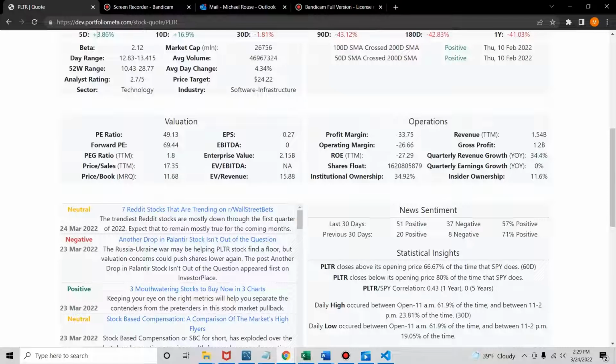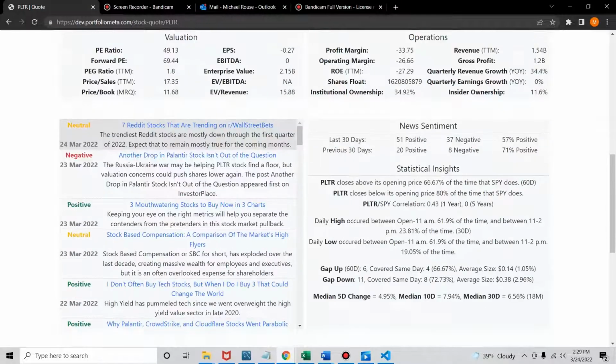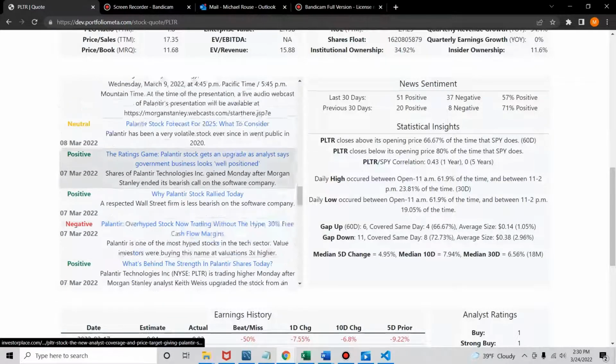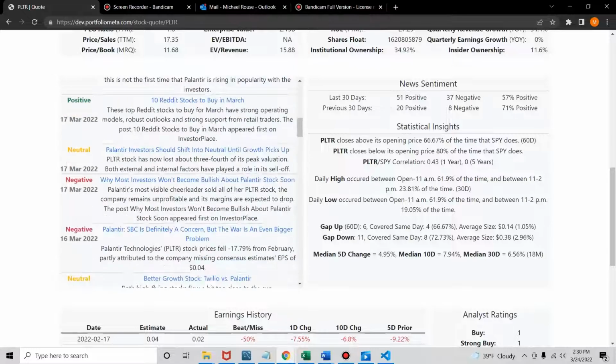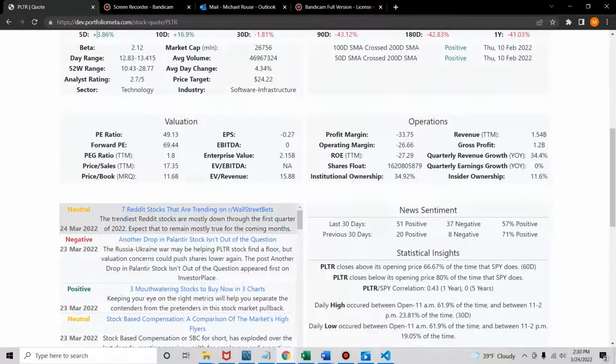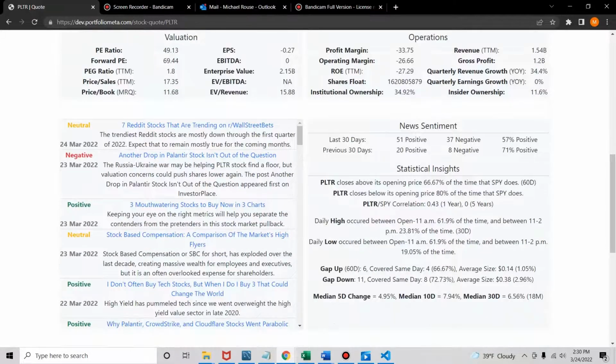And down here, it's just a very concise and compact fundamentals area. So we show valuation stats right here and operation stats over here. And then over here is a nice compact news section for that stock going back several months with negative, neutral, and positive rankings.